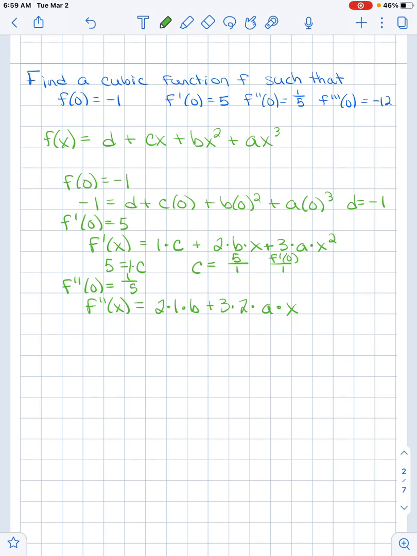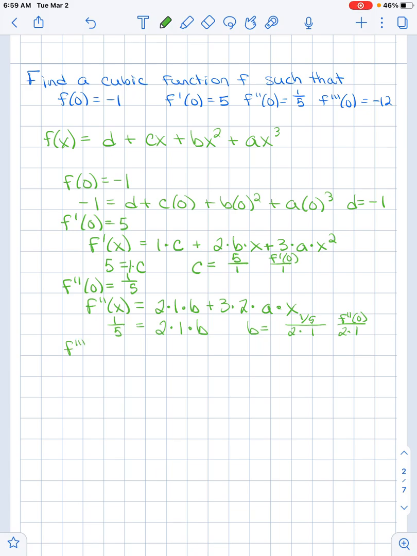Now, if we replace all of the x's with 0, we end up with 2 times 1 times b. So b is equal to 1/5 divided by 2 times 1, or the second derivative at 0 divided by 2 times 1.